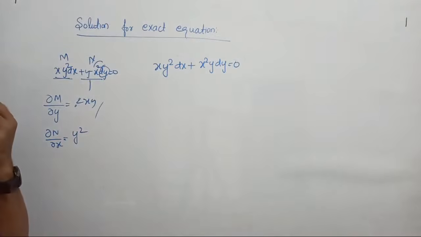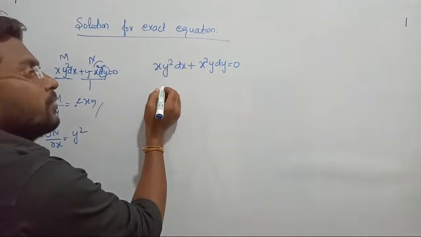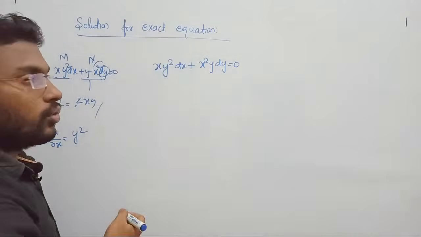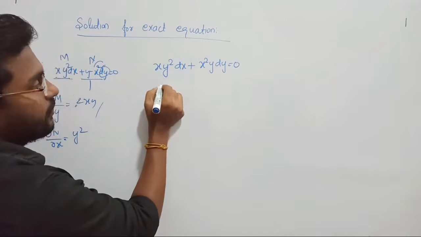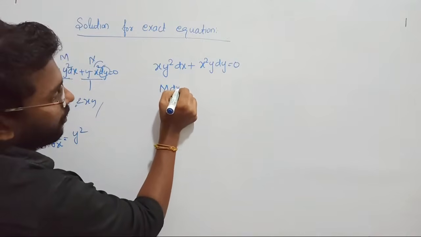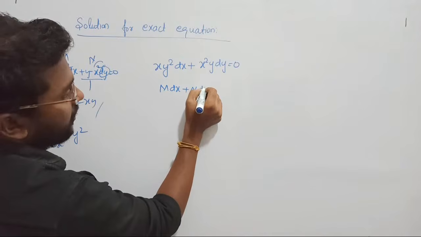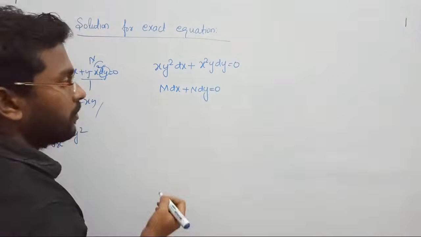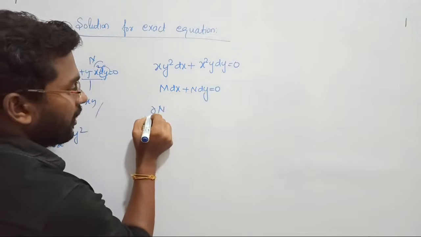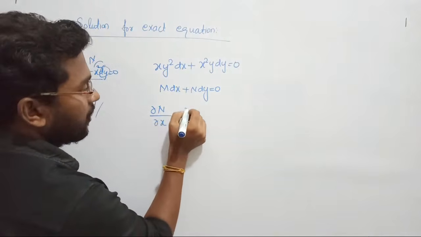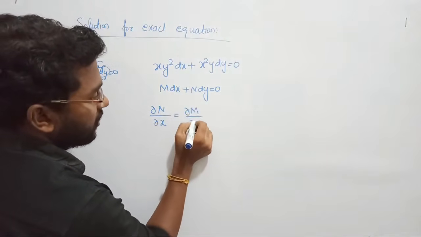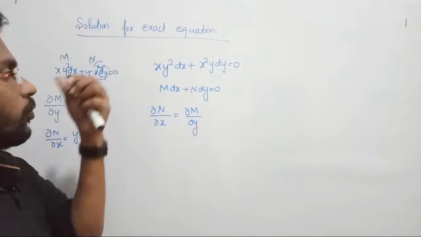Okay, now you are trying to, that is you are looking for this solution. It is looking like what, இதை நம்ம என்ன பண்ண முடியும், exact solution equation-ல கொண்டு வர முடியும் when it satisfies, since it can be written in the form of m into dx plus n into dy equal to 0. இதை நம்ம என்ன பண்ணோம், n is going to be differentiated with respect to x and m is going to be differentiated with respect to y. If they are equal, then we can apply this procedure.